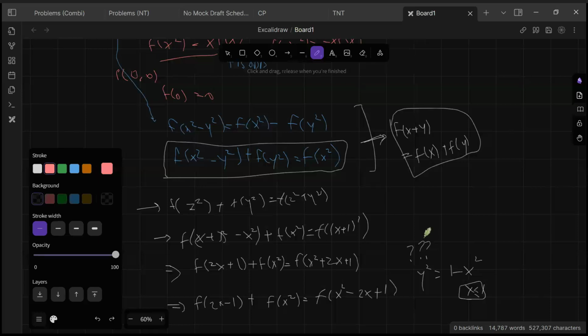We do have negative things. We have f of x squared plus f of minus y squared is equal to f of x squared minus y squared. That just means one thing is positive, one thing is negative, and it equals the sum of that. We can switch things around and we'll be fine without monotonicity. We don't have monotonicity. Can you attempt to prove it? How?